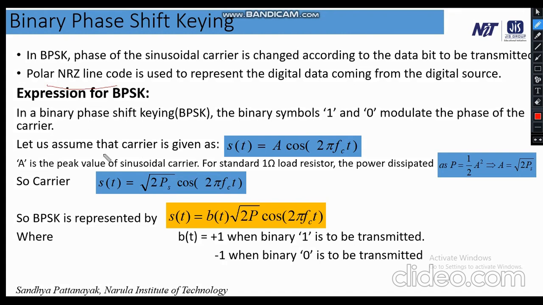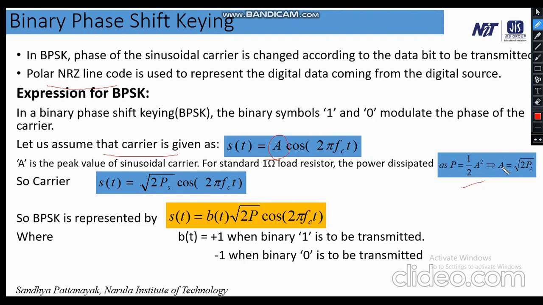Next, we take up a carrier signal, that is s(t) = A cos 2πfct. Here A is the amplitude of the carrier signal, that is the peak value of the carrier waveform. As you know, for a standard 1 ohm load resistor, the power dissipated is given as P = A²/2.